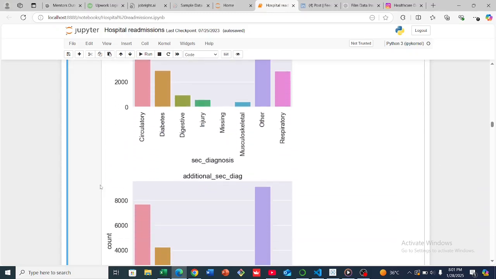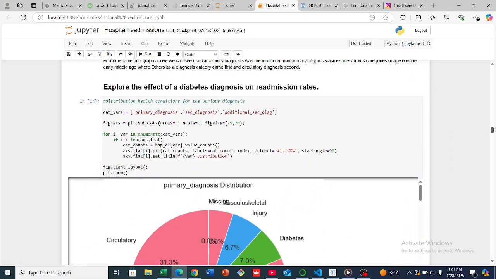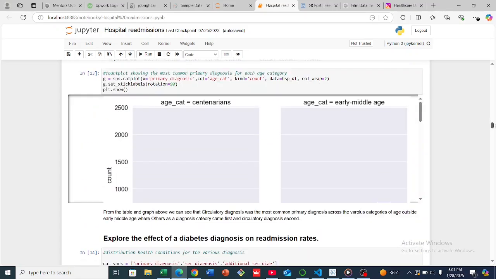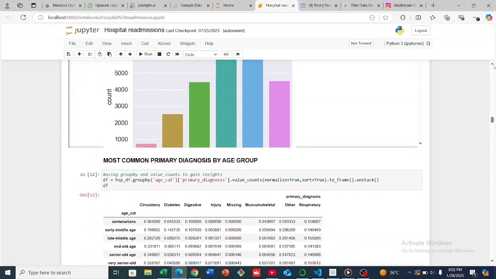Okay, so I'll just go ahead and minimize this so that we can move along. So when I was done with that, I also added feedback regarding what I was able to get or understand from visualizing that data set.